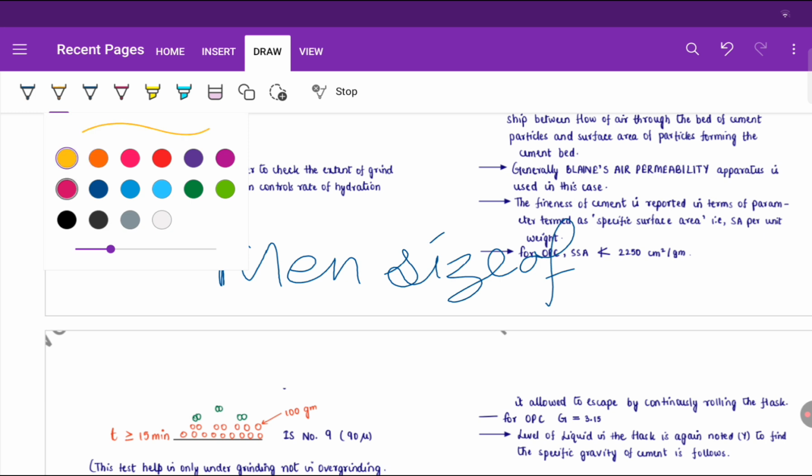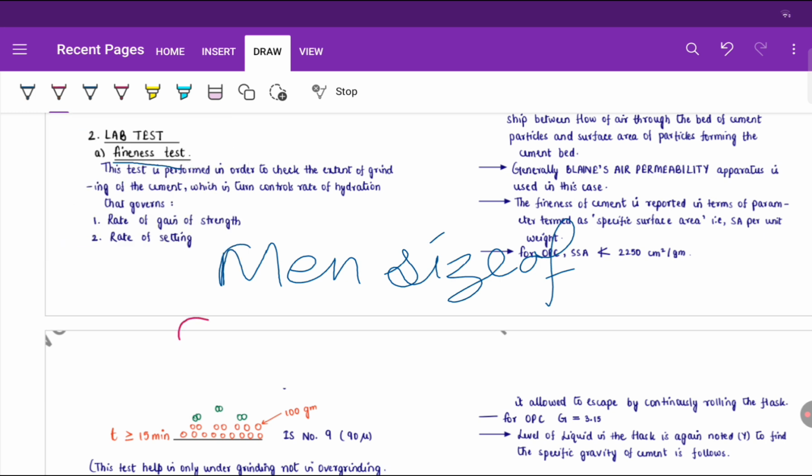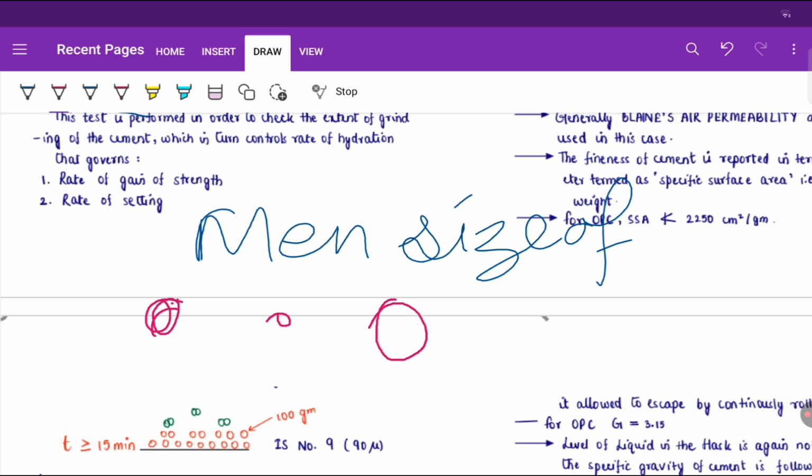If our cement particle size is fine, suppose this is one particle, here is a second particle and here is a third particle. If I ask you to determine the surface area, it will have more surface. If this is a block of this size, and the same size of block is drawn here, it will cover many particles.